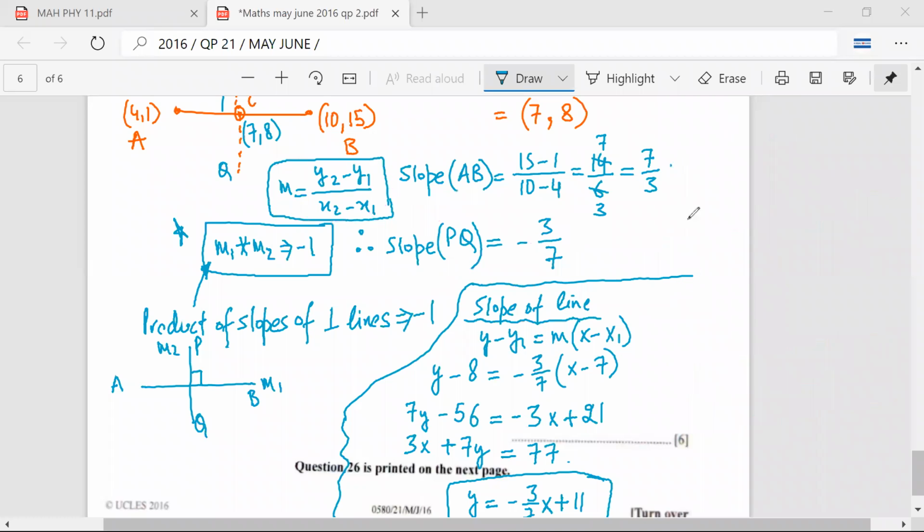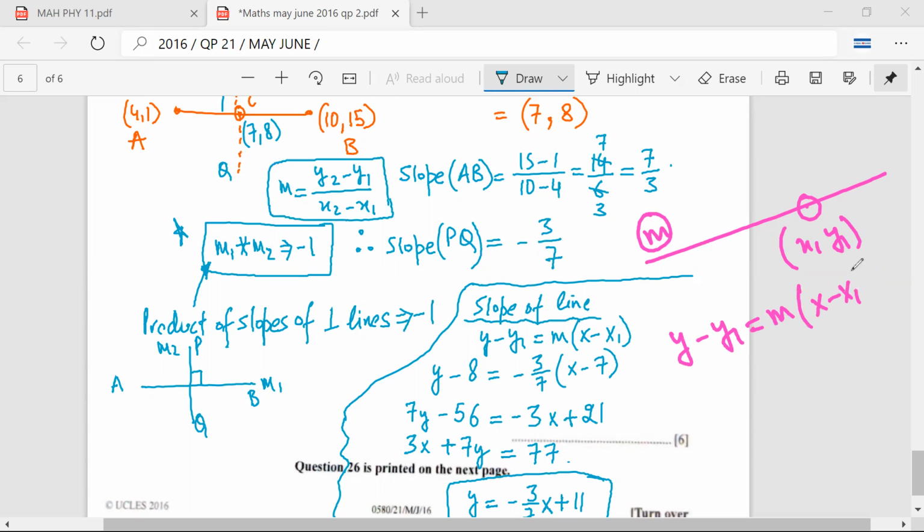No, sir. That means that if the slope of a line is m and it is passing through x1, y1, then the line would be given by y minus y1 is equal to m into x minus x1. Any doubt? No, sir.